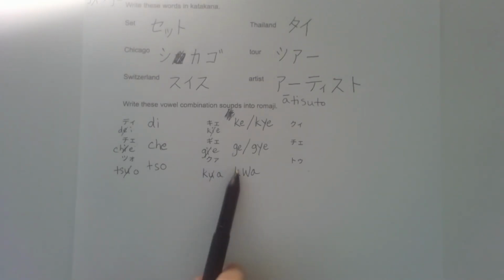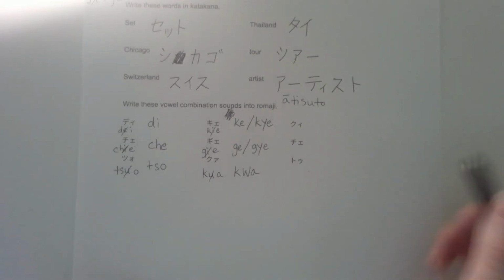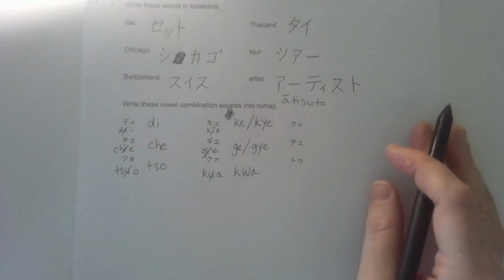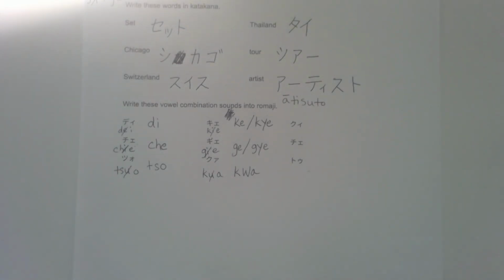That's why we added the w there. So it's a kwa sound. For example, cuatro in Spanish, which I think means four. That's the example that I found it from.